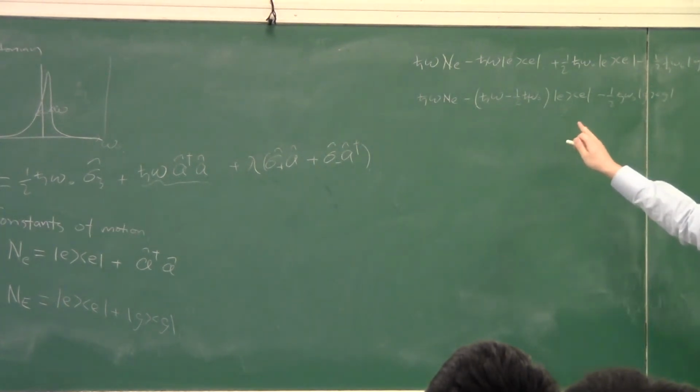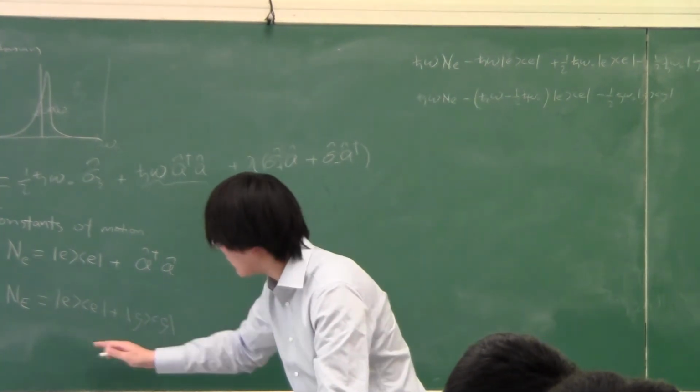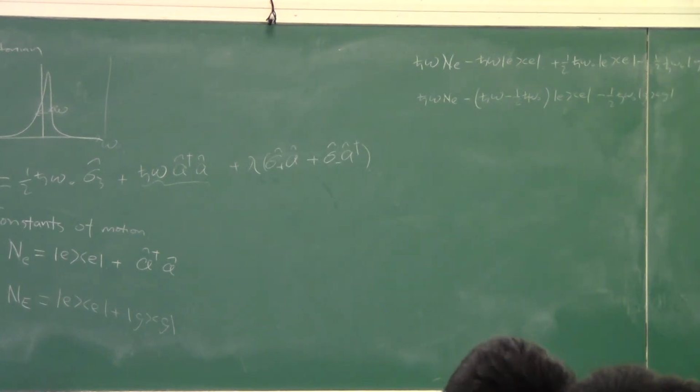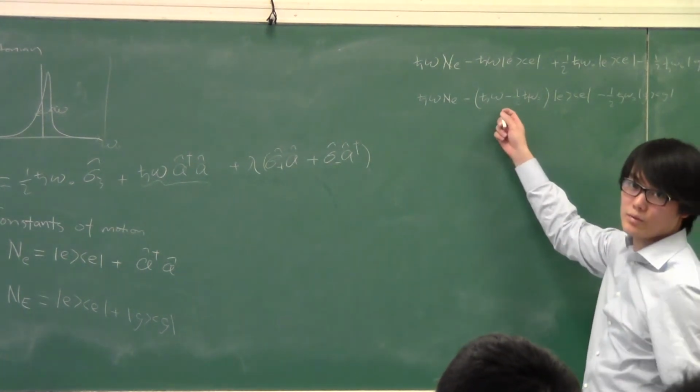And from here, I'm going to extract this constant of motion, and that amounts to just subtracting the factor related to the ground state. So let me switch this around, turn it into a plus sign.